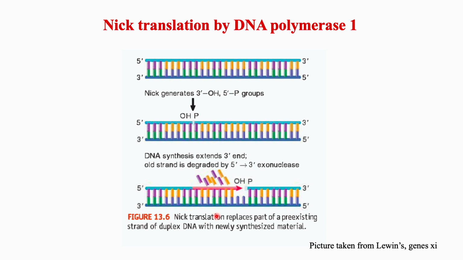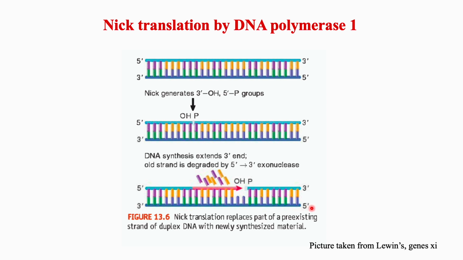How is it very important? So this nick translation was first found in the DNA pol 1. It was then further used in mol bio techniques. So what we can do, we can synthesize a new strand on the pre-existing template, and these bases could be either radioactively labeled or fluorescently labeled.